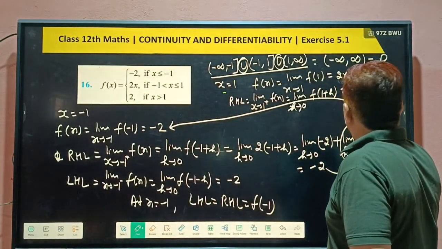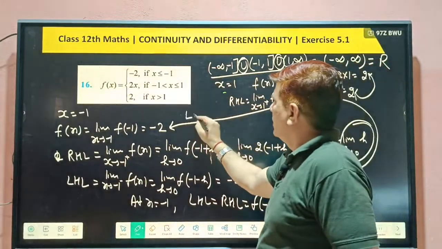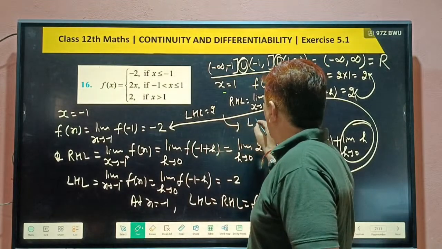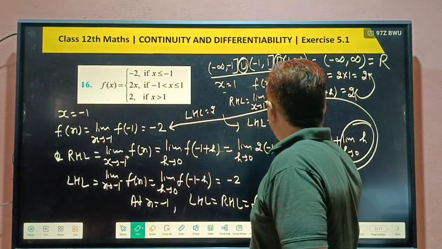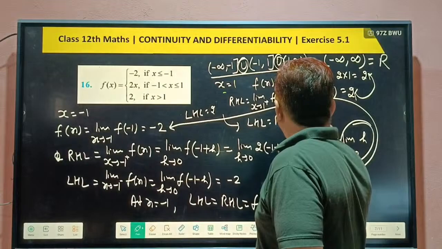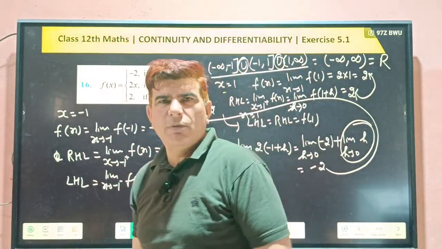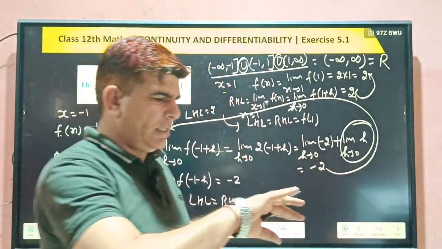Both are equal. If you find LHL, that also comes equal to 2. So again LHL equals RHL equals f of 1 at x equal to 1. Hence the function is continuous everywhere in this interval.